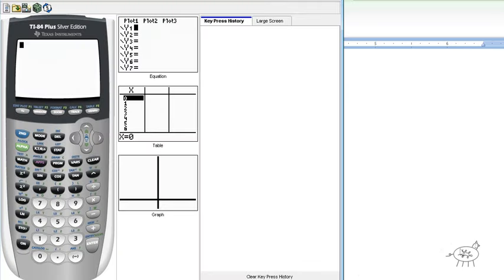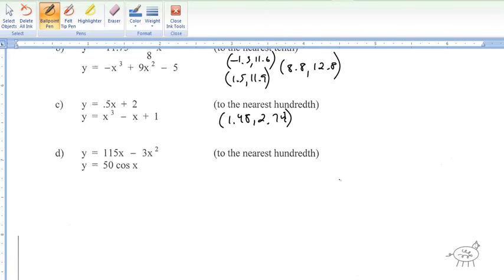All right, math fans, 3D is actually the most challenging problem of all. The only reason it's the most challenging is because it has really the most extreme values. Let's look at some of the stuff here. If I look at y equals 115x minus 3x squared, that's really pretty extreme too. We've definitely got a parabola, opening down, and it has a vertex.